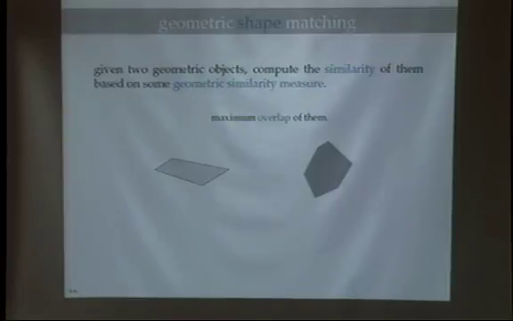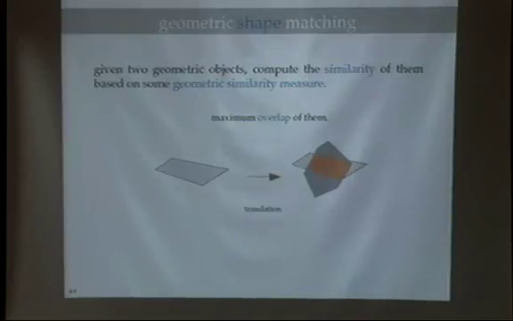For example, if one object is round, more or less, and the other one is a long, stick-like object, then the intersection itself is very small, right? Then we can say that, compared to their original size, they don't look similar in this case.